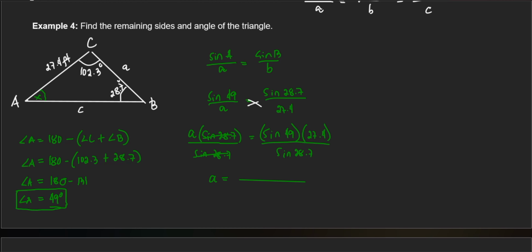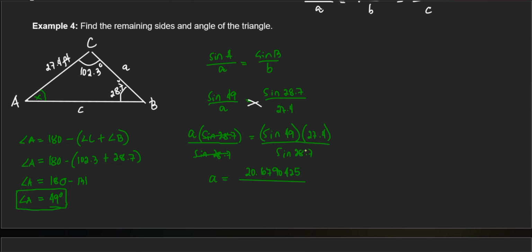I-input natin. So, sine 49 multiplied to 27.4. So, that is 20.6790425.